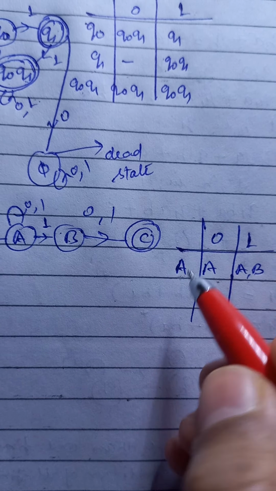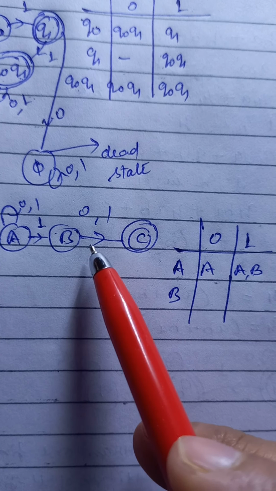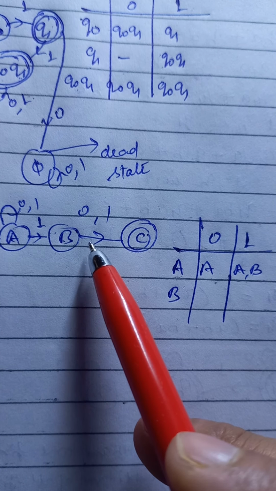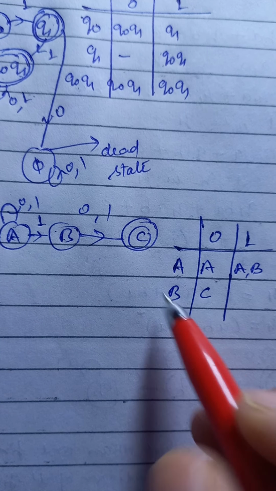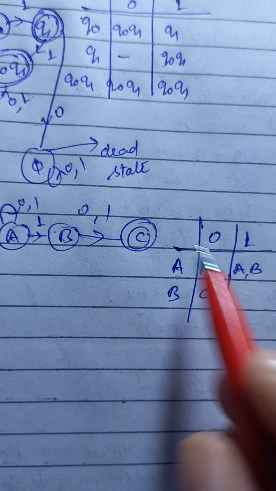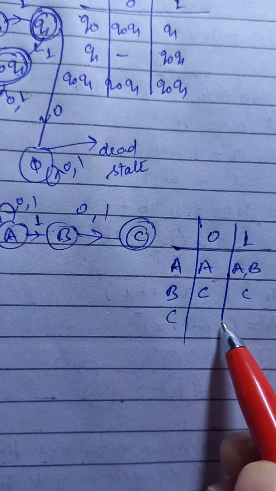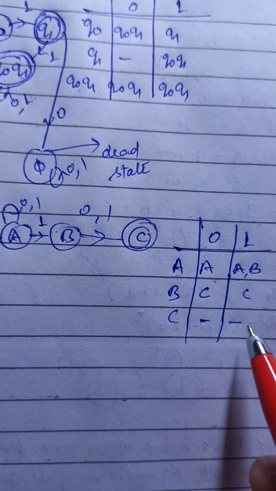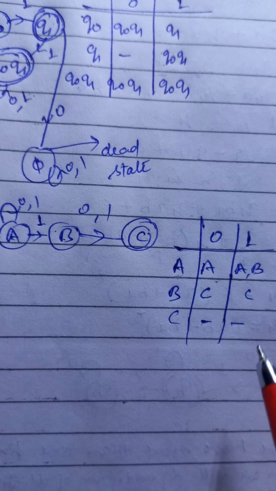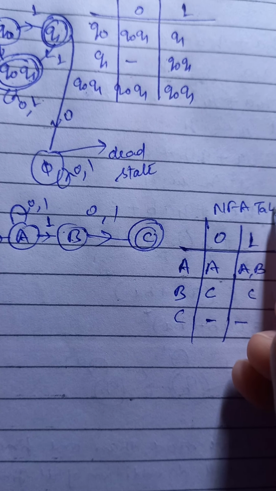And in a similar way we will see for B. For B, for 0, there is a transition heading towards C, and for 1 also it is heading towards C. And now we see the transition for C. There is no transition for C, while C is a final state. So this is the NFA transition table.